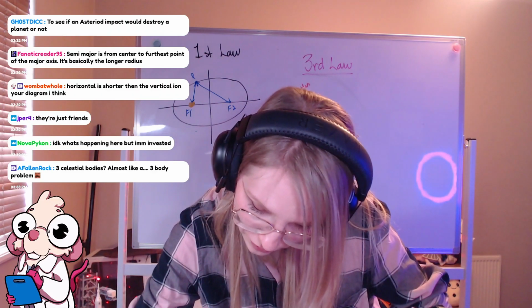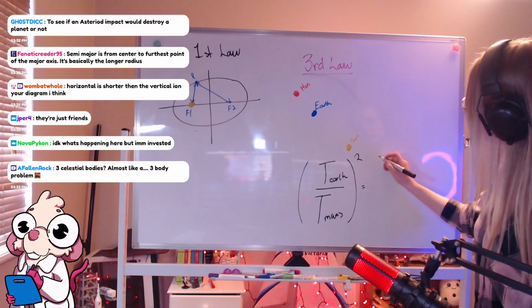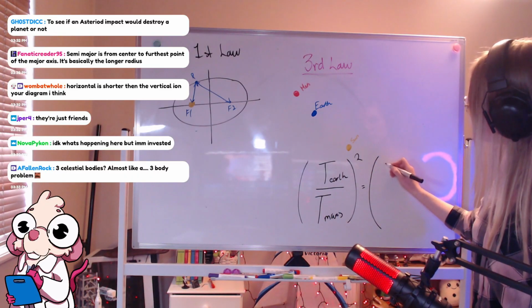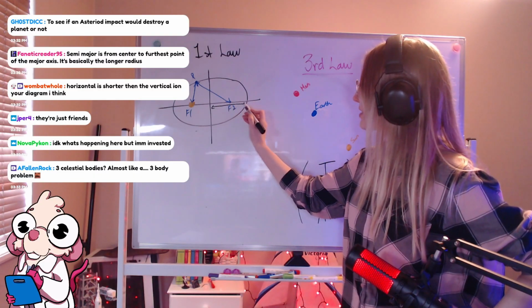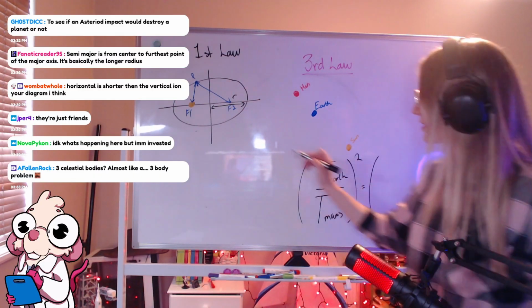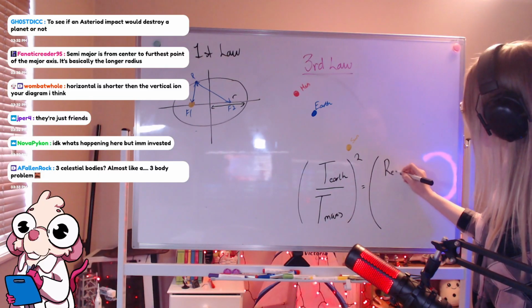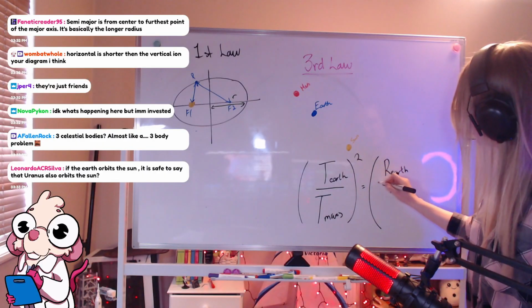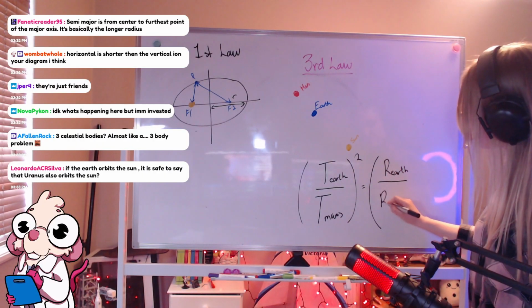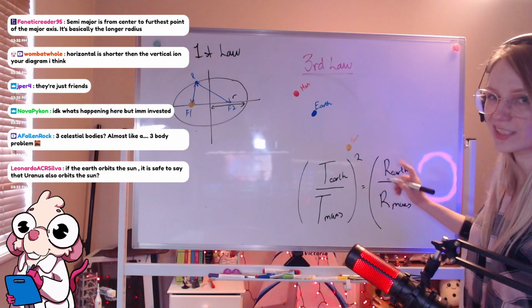Is equal to the ratio of the cubes of their mean distance. This distance, their major axis, say radius of Earth across that major axis over the radius of Mars, but instead of squared, it's cubed.